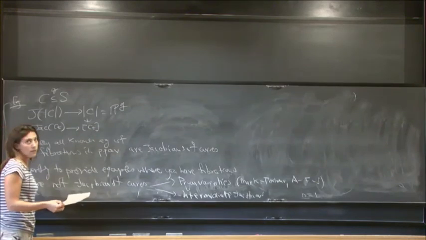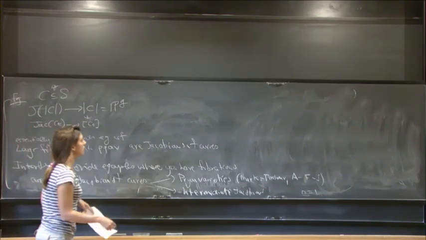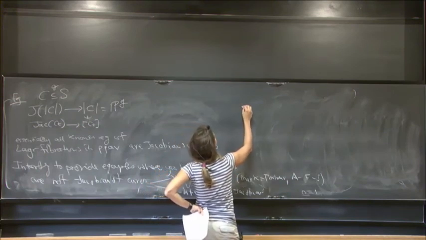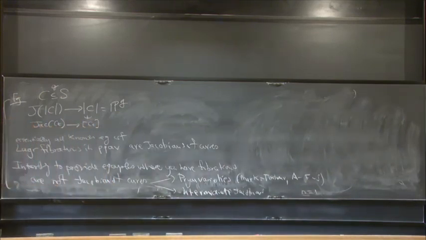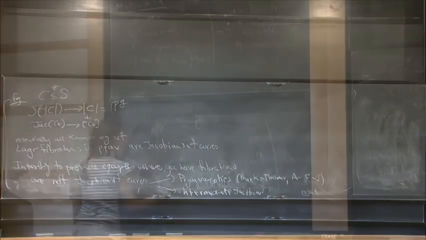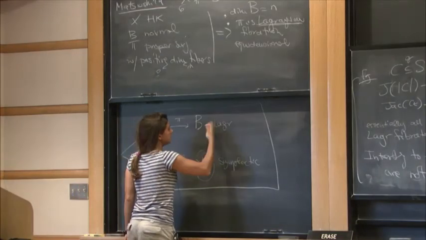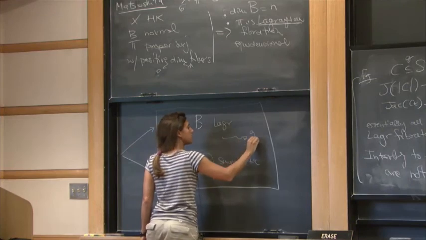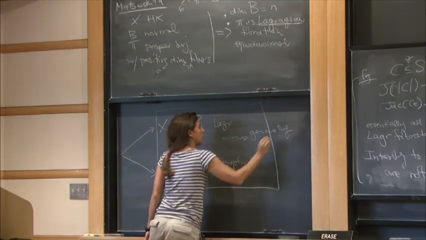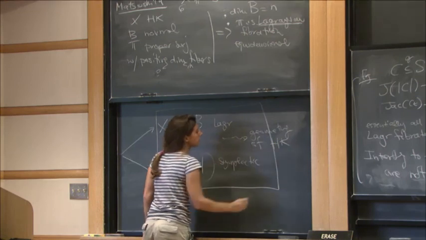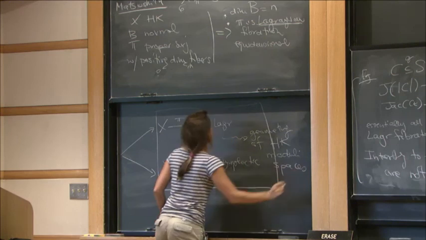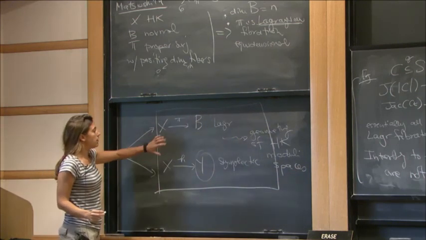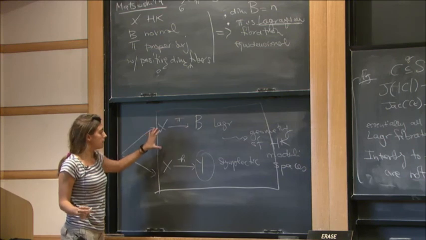So I think my time is up, but I just wanted to say that the kind of questions that I'm thinking about now is how to exploit these two kinds of maps to find information about the geometry of hyperkähler manifolds or about their moduli spaces, since there's a lot of structure that can be said about both this map and this map.